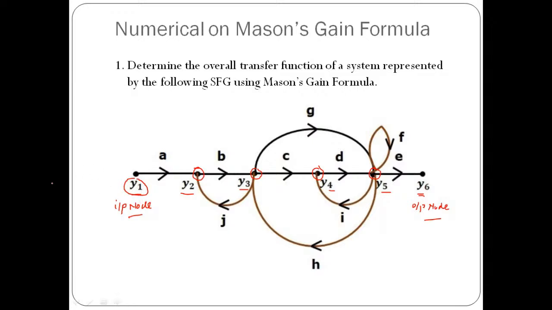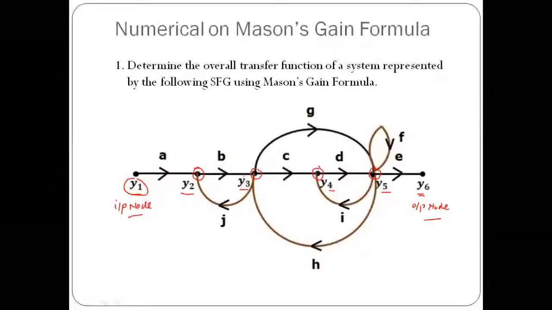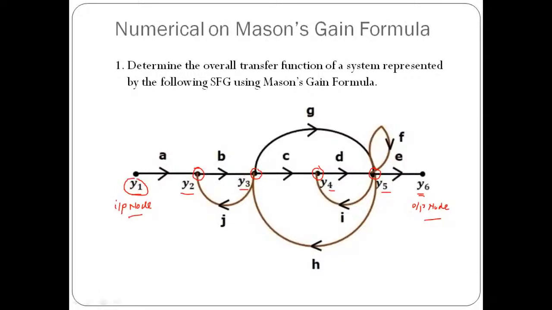So if you apply that logic, let us start our journey from the first node, which is the input node. So we are at y1. Now we will move from y1 to y2 through this branch of gain a. Then from y2 to y3 we have two possible paths. The first is a branch of gain b, and the second is a branch of gain j.